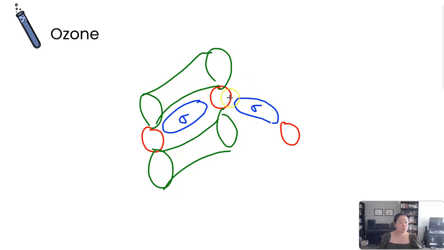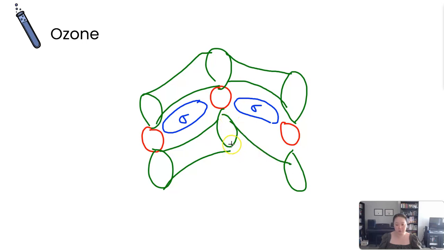But in this case where you do have a resonance structure, it actually turns out that we are going to see another pi orbital being dragged into all of this, and actually all 3 of them are being overlapped together.